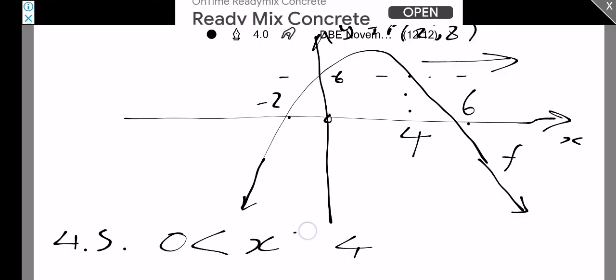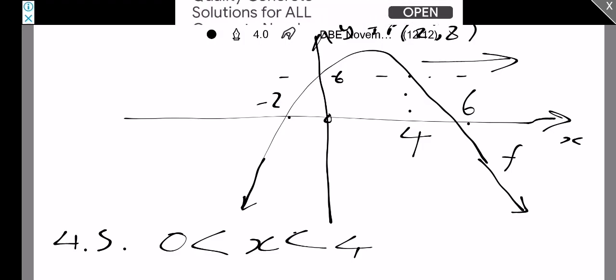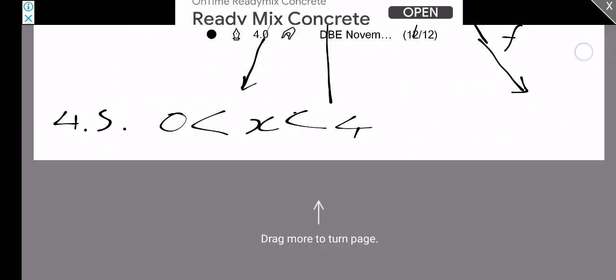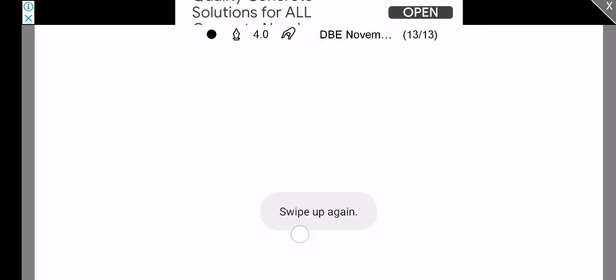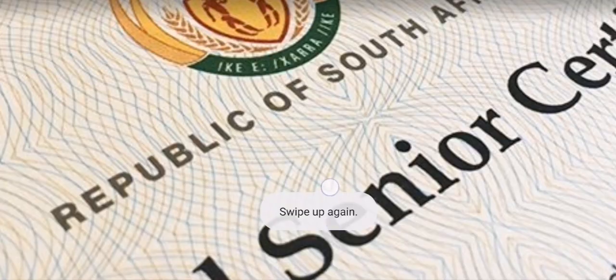No, it is going to be 0 is less than x, x is less than 4. Yes. Pardon me guys for that. Now let's continue to the next question.